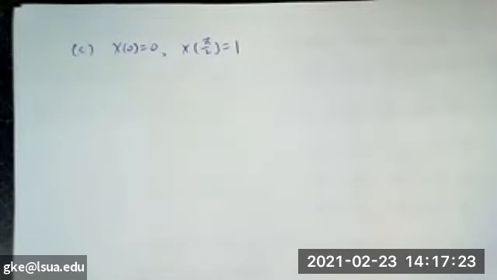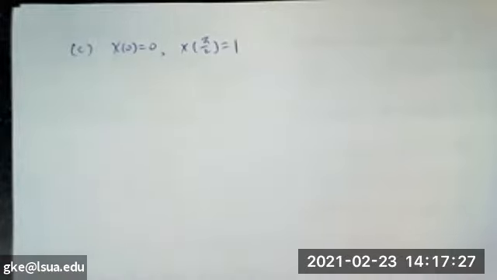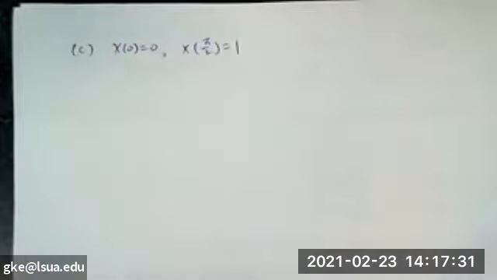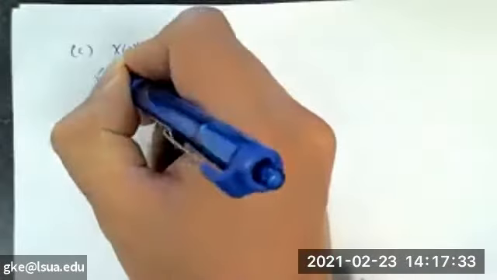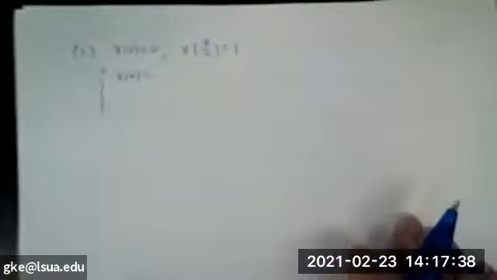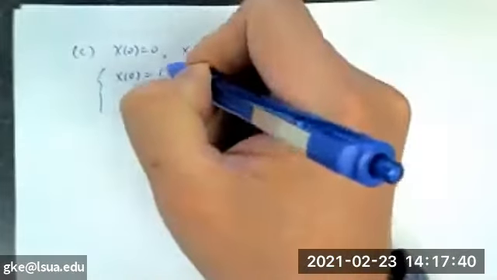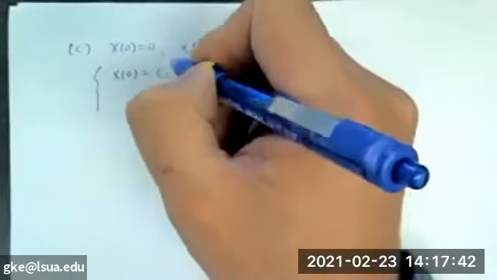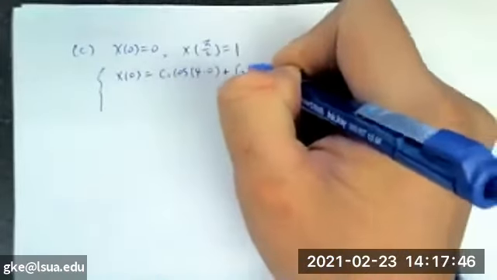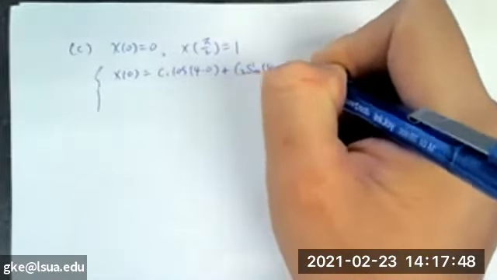Okay, now let me do it. So for this case, x(0) equals 0, the same thing, right? Like the last condition, we can plug in the 0. C1 cosine 4 times 0 plus C2 sine 4 times 0.